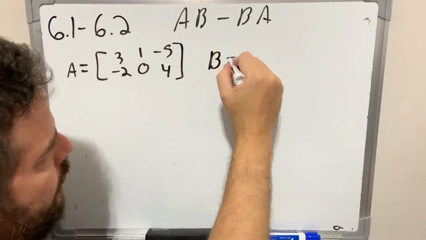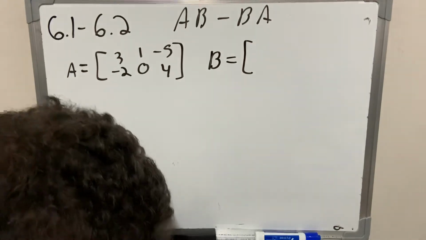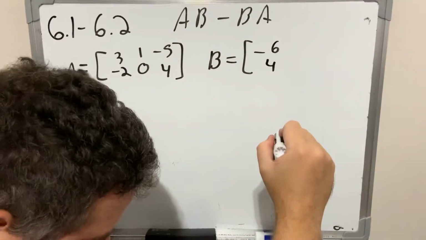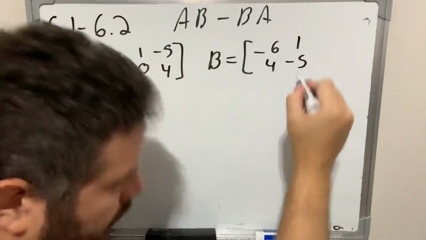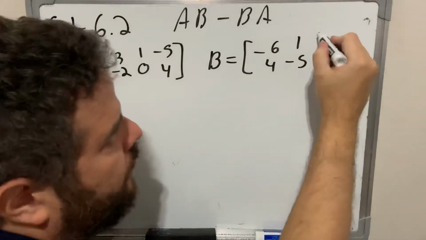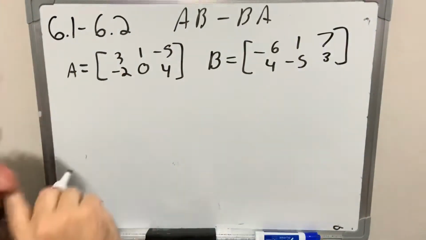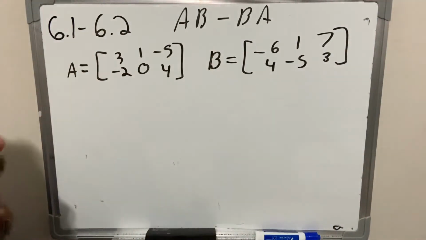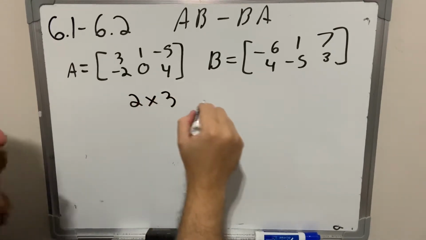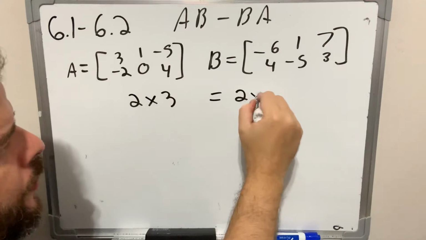And B is the following. Negative 6, 4, 1, negative 5, 7, 3. Okay, now let's first do AB. This is 2 by 3, and B is 2 by 3.